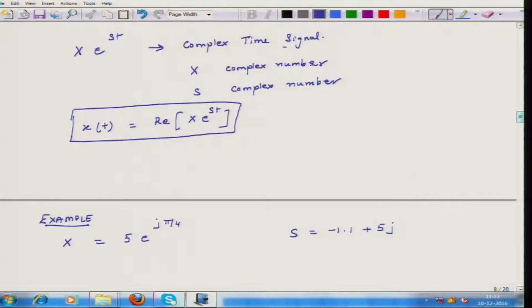By the way, this x is often known as the complex amplitude of the signal. So, a complex time signal has a complex amplitude, which is x, and s is called the complex frequency of the signal.